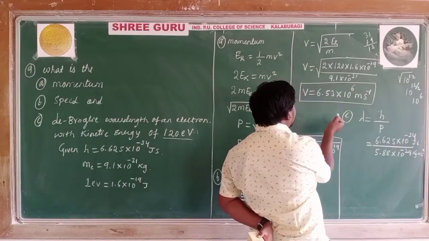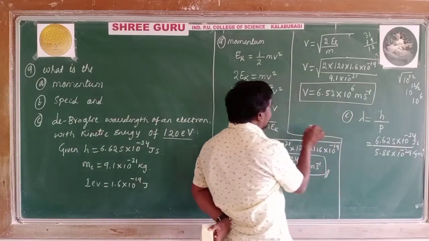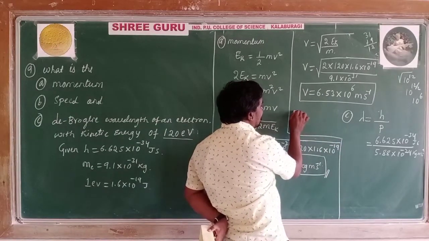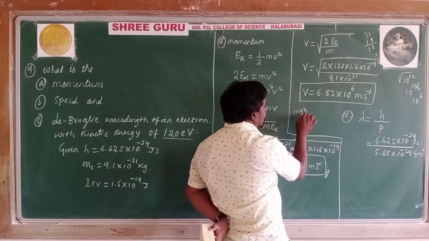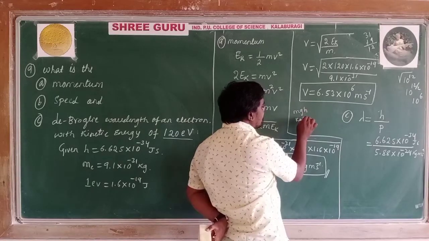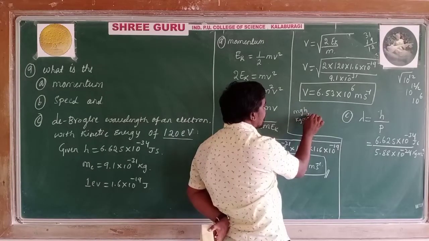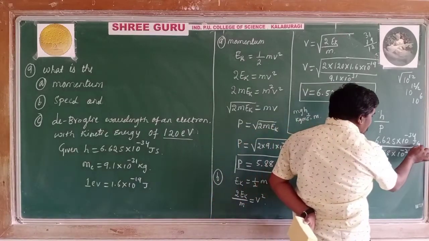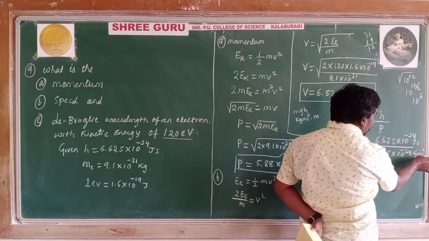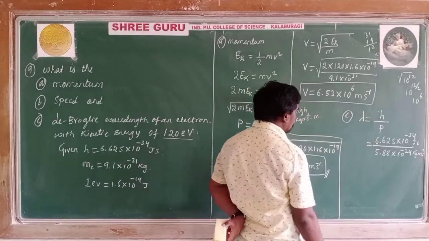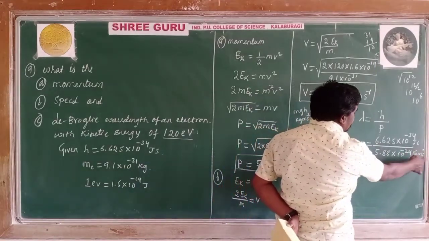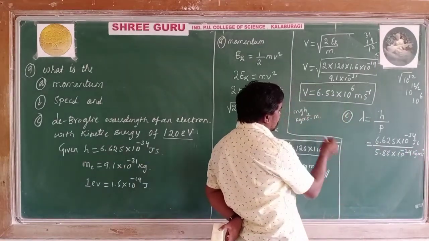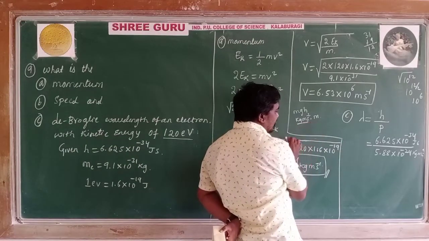Joule is energy, any type of energy, for example mgh. Here m is mass, g is acceleration due to gravity, meter per second square, h is meter. If I consider this in the denominator, what happens? Per second square, like this.